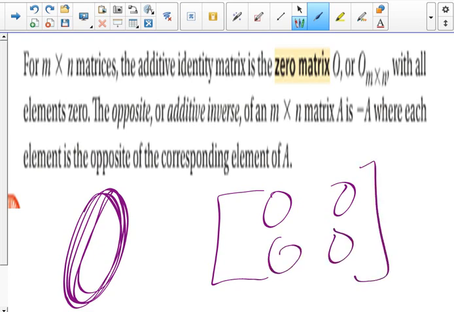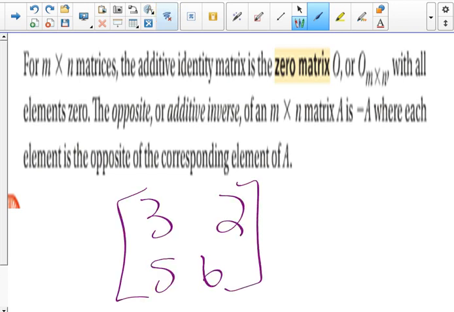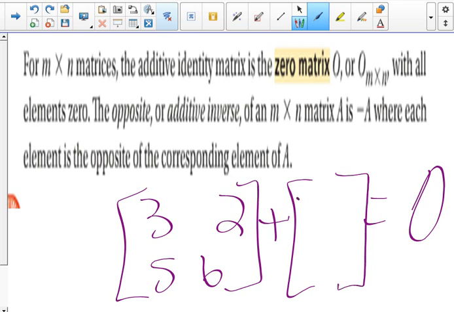And when you take a matrix like 3, 2, 5, 6, well, what do I add to that to get a zero matrix? Well, that's going to be your additive inverse, the opposite. So it would be negative 3, negative 2, negative 5, negative 6. Everybody see that? And those are the things we're dealing with next.